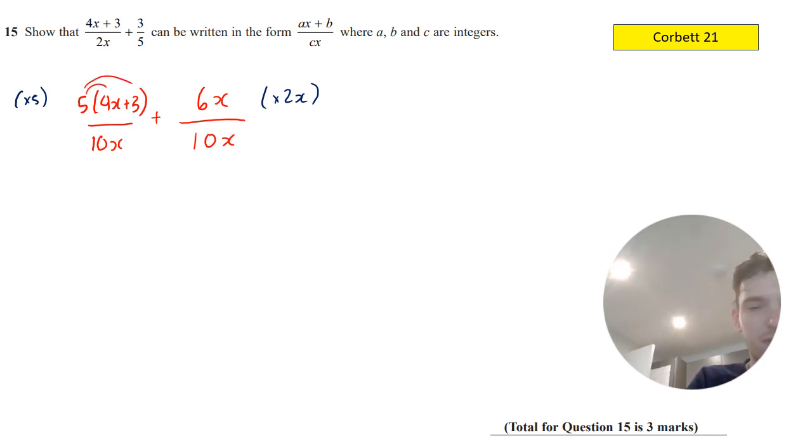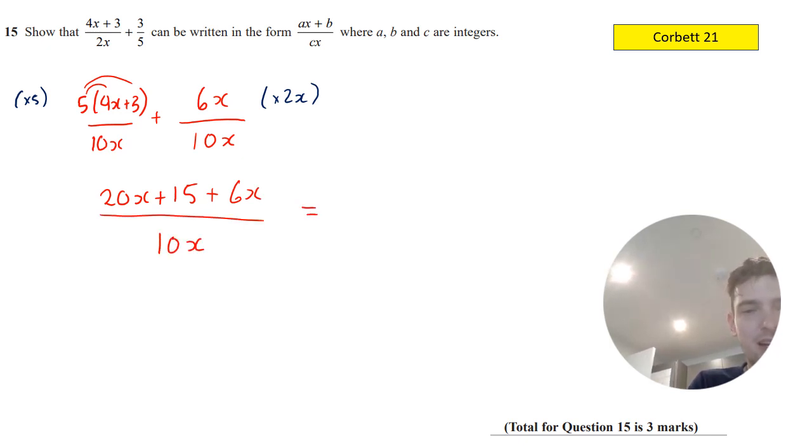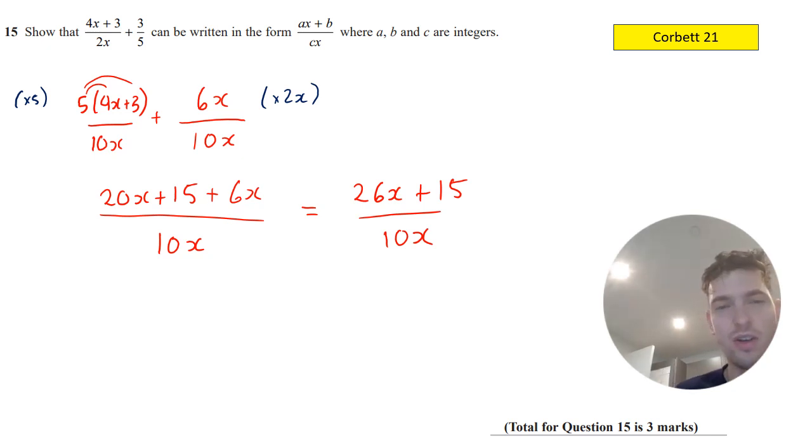So the first one, I've got 20x plus 15 plus 6x all over 10x. And then collect like terms, 26x plus 15 over 10x. Let's just check, does this look like my answer? Ax plus b over cx. Yeah, it does, so I'm fairly happy with that. So nice easy 3 marks later on in the paper. Hopefully you all got that.